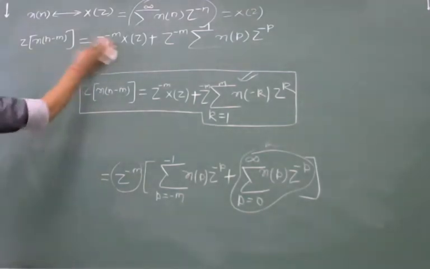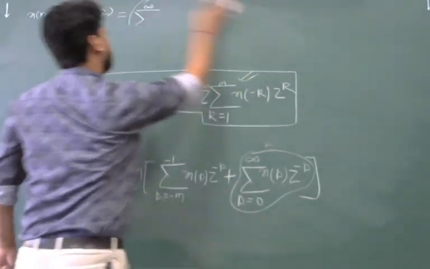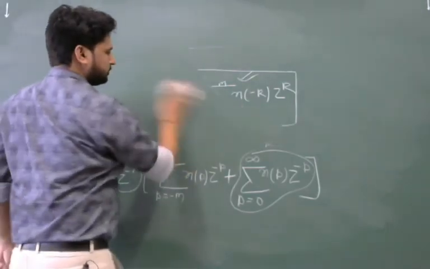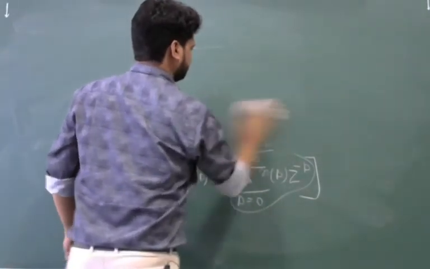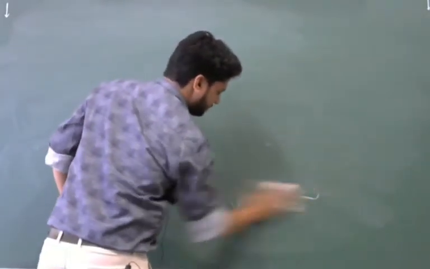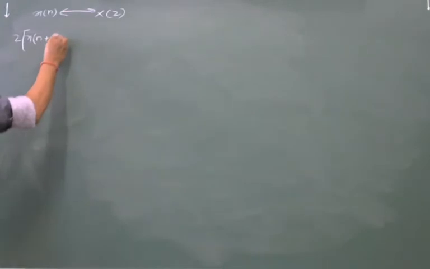Similarly, we can prove that if the z transform of x of n is x of z, then what will be the z transform of x of n plus m?